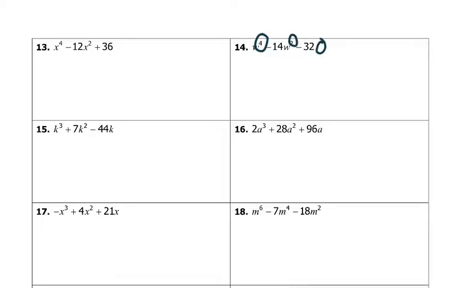Okay, so in this case, if you look back at your notes, we know that our first variable in our two binomials, because this is trinomial factoring, we're going to have two binomials being multiplied to each other. And again, because this is a fourth power here, we know that our first term is going to be w squared and w squared. So we're going to start out by putting w squared in parentheses.